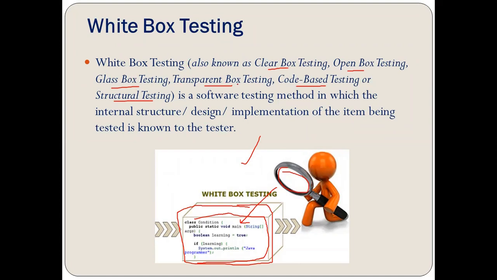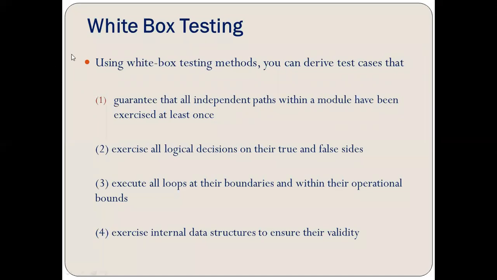That means there is transparency and you can see the code and check the code for errors, and this is code-based. It is going to show you the clear structure of the application. So that is why this is called white box testing. And please make sure you remember all the different names of white box testing, as they will again come in MCQ based questions, right?